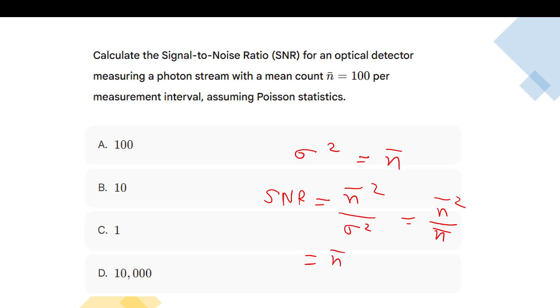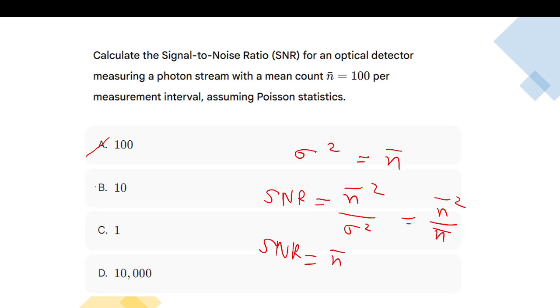So if we have the signal to noise ratio in an optical detector measuring a photon stream with a mean count of 100 per measurement interval, assuming Poisson statistics, this will be the SNR. So the correct answer is 100 only.